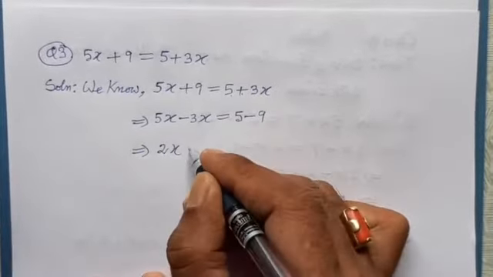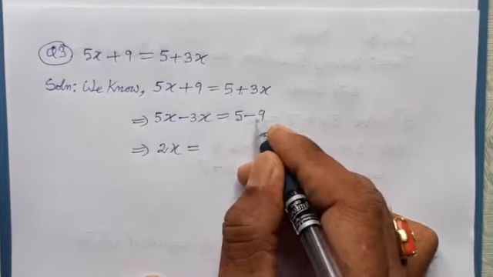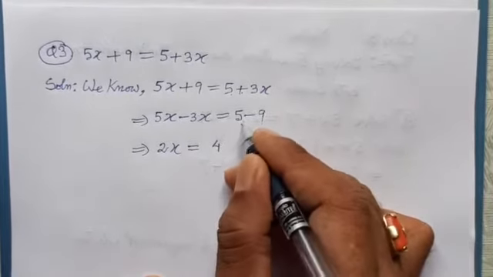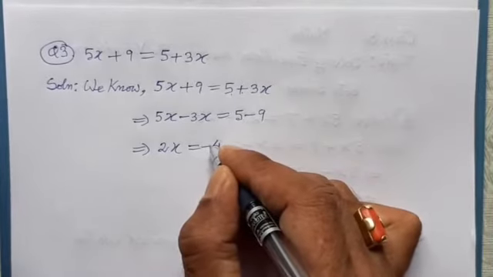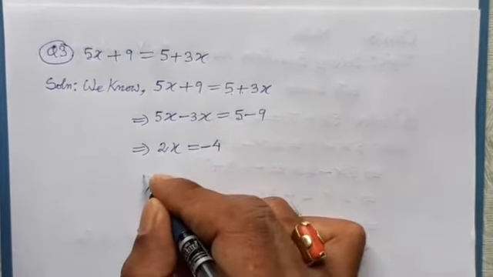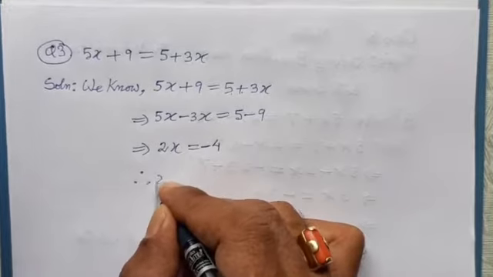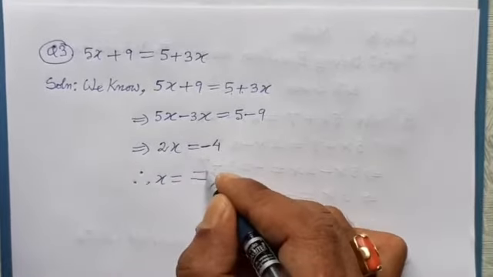Then next is equal to sign. 5 minus 9, if we subtract, we will get 4. 5 and 9, 9 is bigger, so put the bigger sign, minus sign. Therefore, 2x is equal to minus 4.